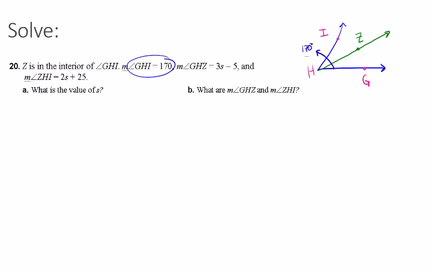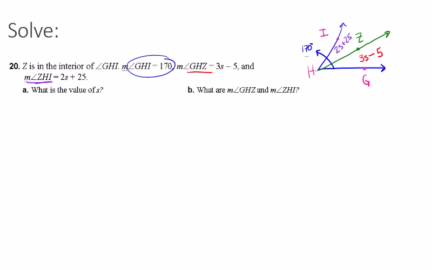Okay, GHZ is 3s minus 5. So 3s minus 5 for GHZ, right? And then the last one, ZHI, is 2s plus 25.